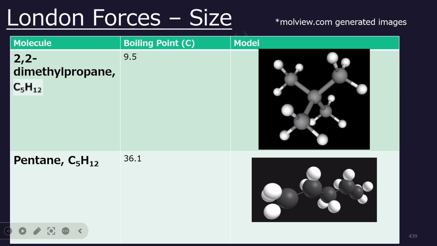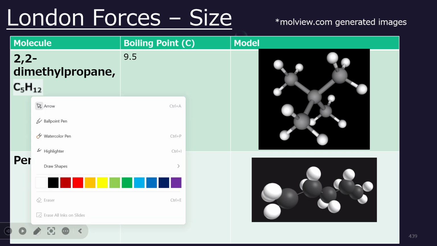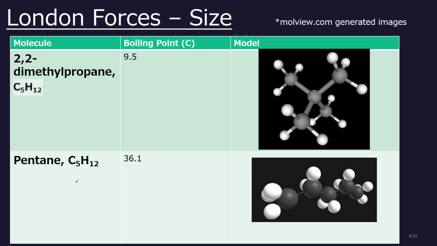For things to experience strong London forces, they need to be able to get close, and that often means stacking. Let me show how it works with pentane on the bottom. One, two, three, four, five. You can imagine these corners are carbons and there are hydrogens attached.